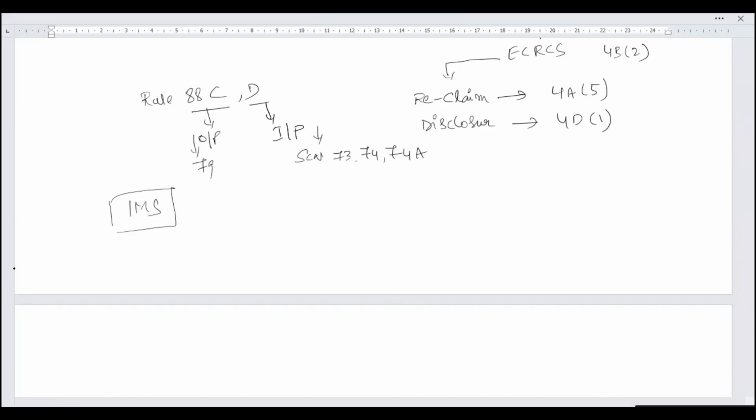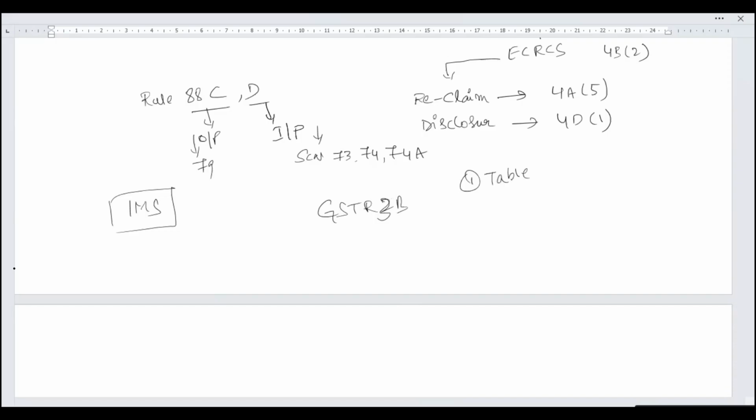Tomorrow, we will start with GSTR3B. I'll make you understand various tables what we have in GSTR3B.